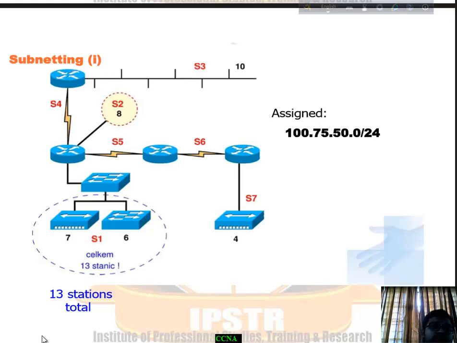First of all, we should calculate the subnet and provide IPs for the network that needs more hosts. This is S1, which needs more IP or host addresses. So first of all, we should calculate the large amount of hosts.